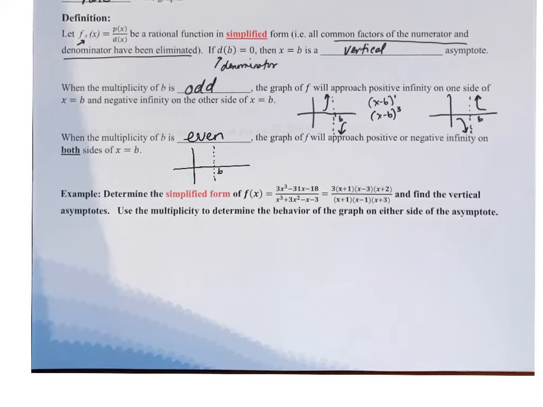If the multiplicity is even and it goes to positive infinity on the left side of the asymptote, it'll also go to positive infinity on the right side. Or it may be that around b, it goes to negative infinity on the left side, and if it's even, it goes to negative infinity on the right side. Cases of even would be something like x minus b squared, or x minus b to the fourth. These are even multiplicities, and the behavior is that both sides go in the same direction.